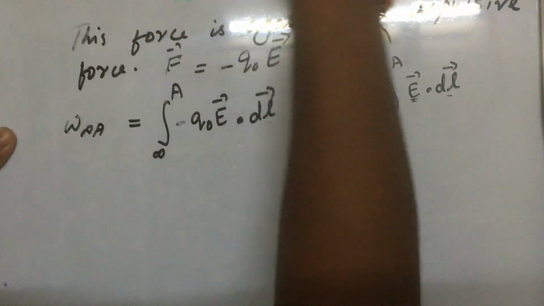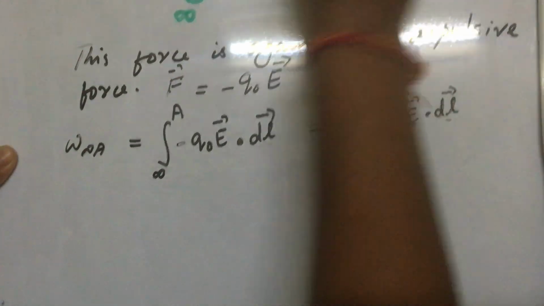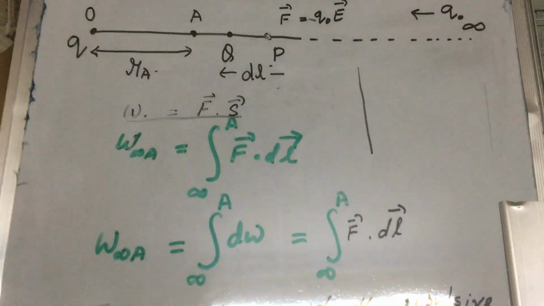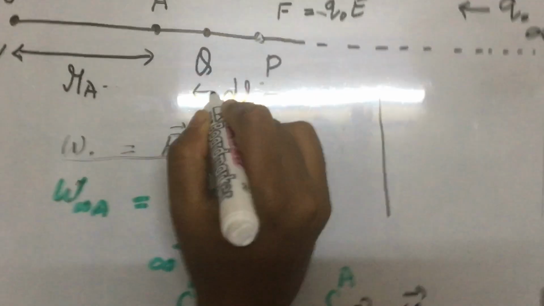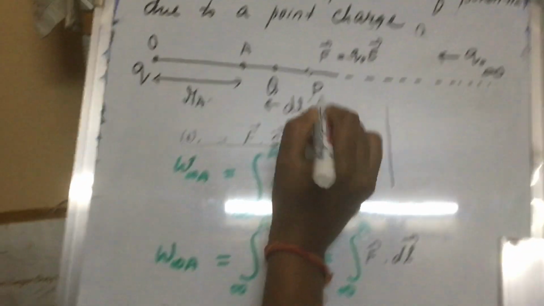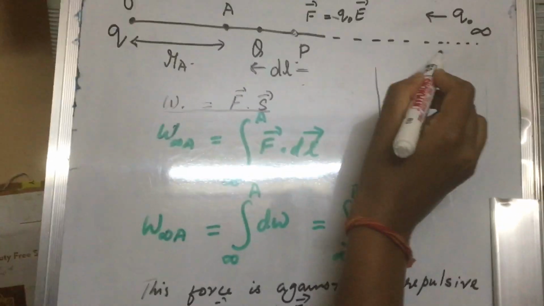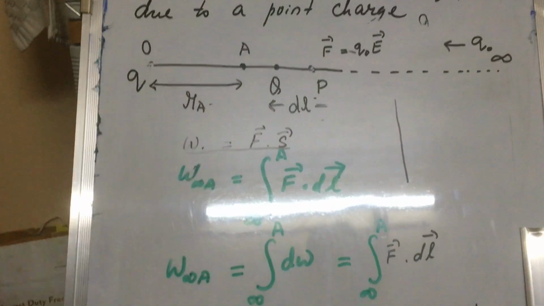So the direction of dl is along here. There are small things in this derivation, minute things you have to consider. As it is brought this way, and this is opposite to the vector which is taken from the origin, right?